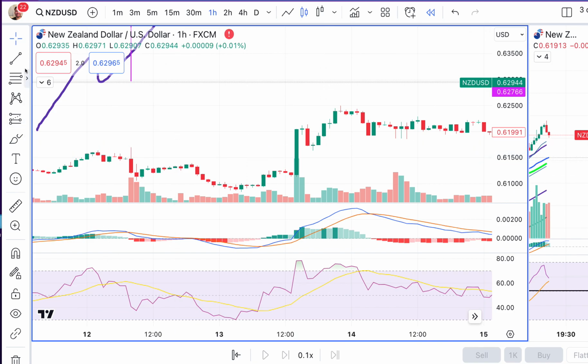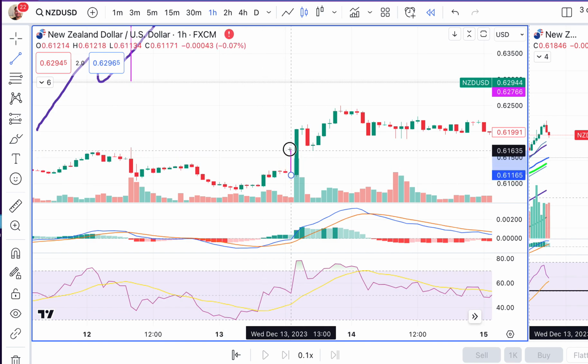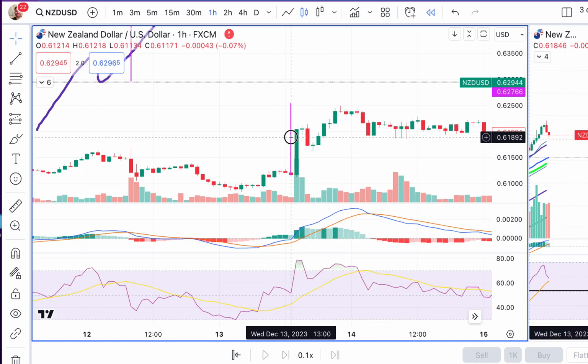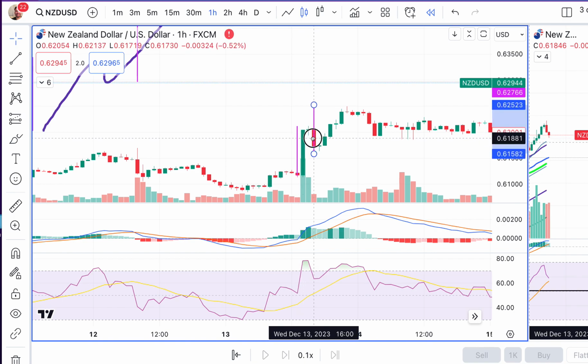So in this case, once again, I just want to reiterate that this impulse wave was this long, from the bottom to the top. You can right click that line, hit clone, and then take the cloned line and measure where the next wave is going to go to, okay?